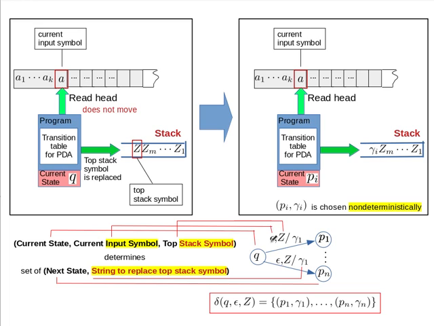Just like in the finite automata. And this shows that the current top stack symbol is Z, and depending on these three things, this Q, epsilon, and Z, in fact here the current input symbol is not there, it decides to make an epsilon transition. So depending on this Q and Z, you are making this epsilon transition where the state changes from Q to pi, and this top stack symbol Z is being replaced with this small gamma I, right?